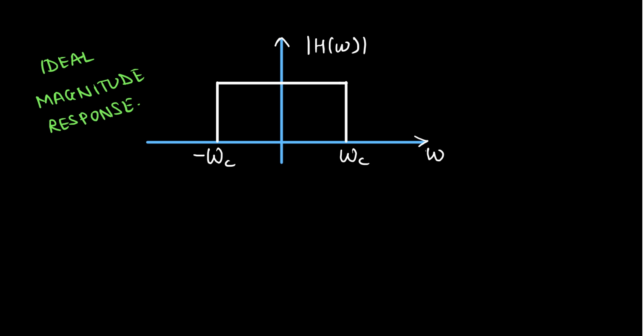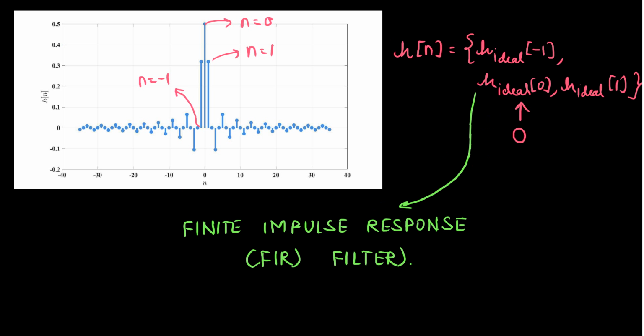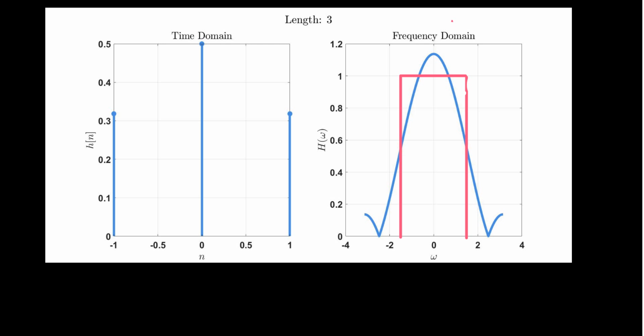After truncating to 3 samples, that is, we have considered only n equal to minus 1, n equal to 0 and n equal to 1, the frequency response is obtained something like this. This blue one is the frequency response for the truncated version, whereas this one is the ideal one.